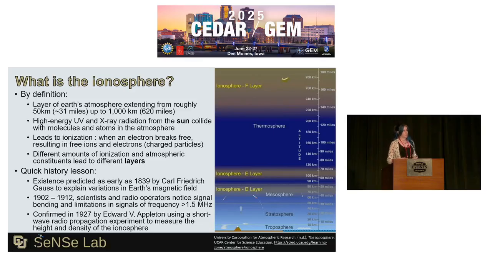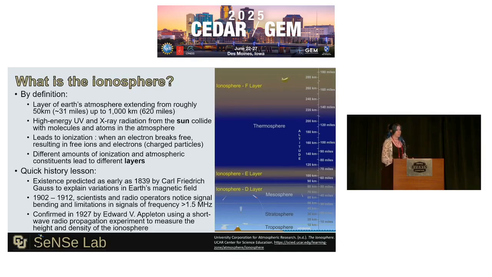Ionization is just when an electron breaks free from a neutral atom or molecule and leads to the existence of positively charged ions and negatively charged electrons floating around, creating this weakly charged plasma in our atmosphere. Due to all the different layers of the atmosphere and the different density of those layers, we get different layers of the ionosphere as well.